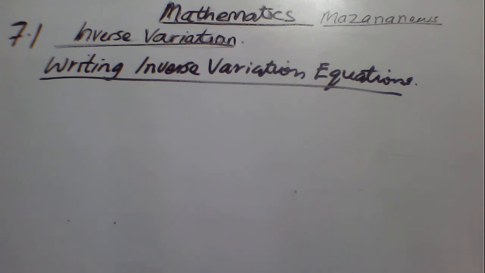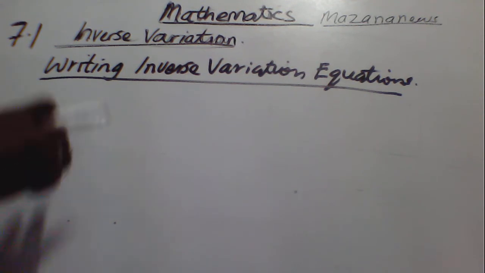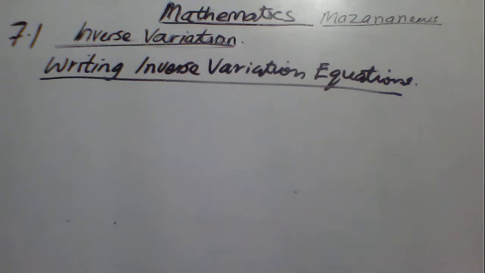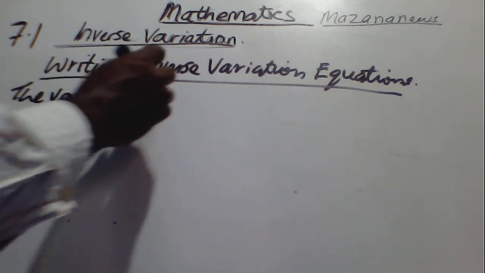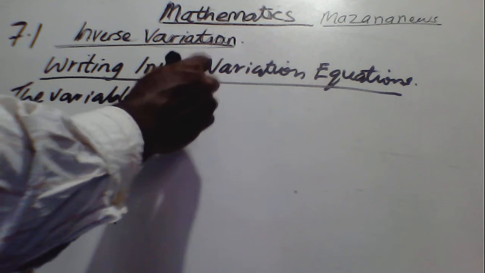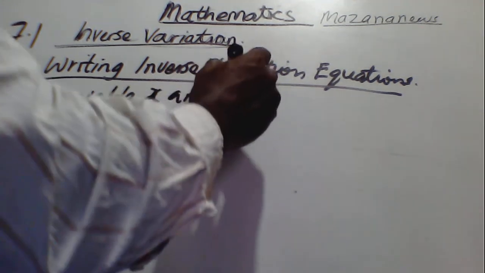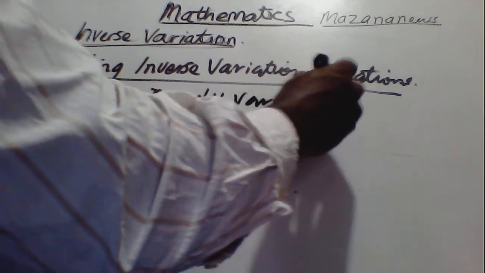The variables x and y vary inversely. Use the given values to write an equation relating x and y, then find y when x is 3. So writing inverse variation equation, the variables x and y vary what? Inversely.